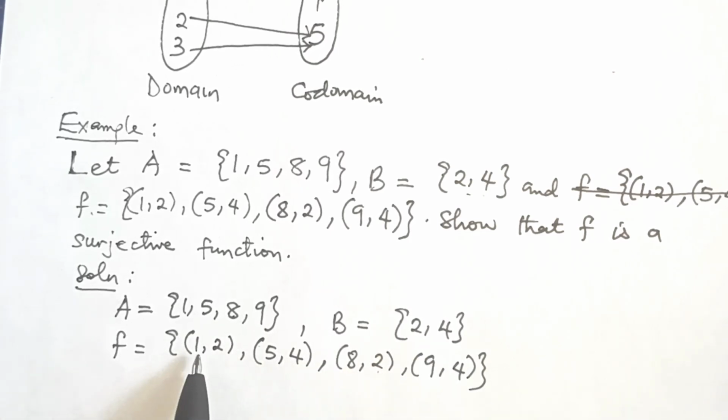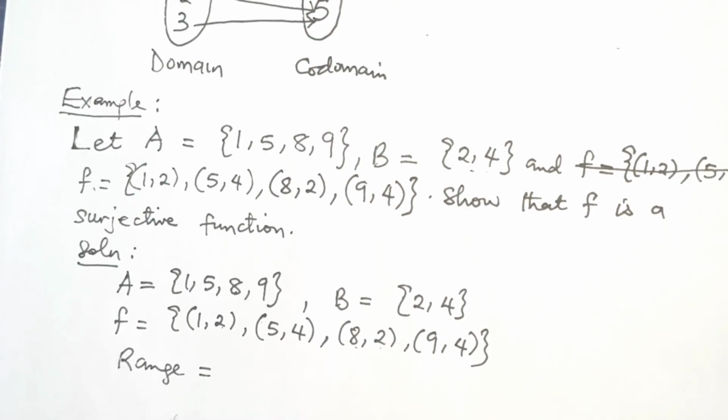Because here we see that the image of 1 is 2, the image of 8 is 2, they have the same image. The image of 5 is 4, and the image of 9 is also 4. So the range of this function is the set of all image points, which is equal to {2, 4}.